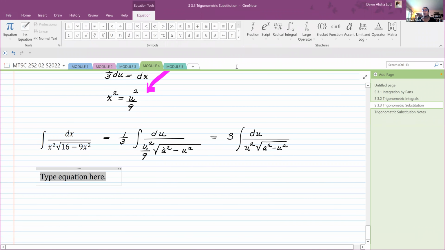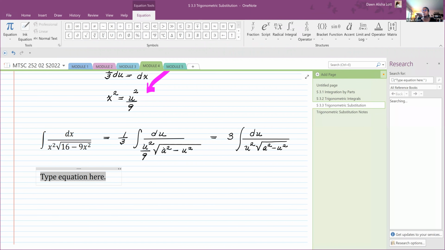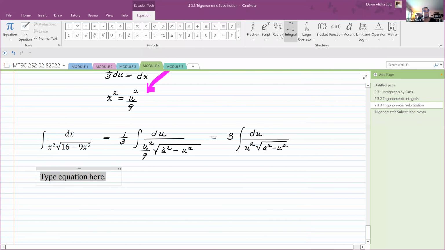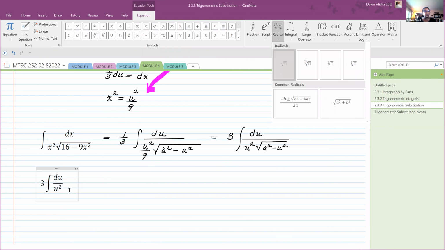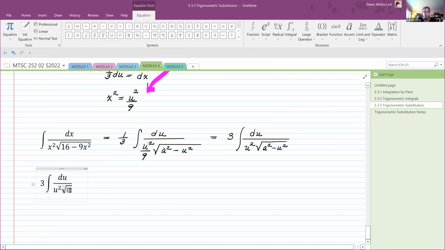All right, so the new integral is, oh, I forgot my 3. 3 times the integral du over the top, and then u squared, and then we have the square root of a squared minus u squared. Perfect.